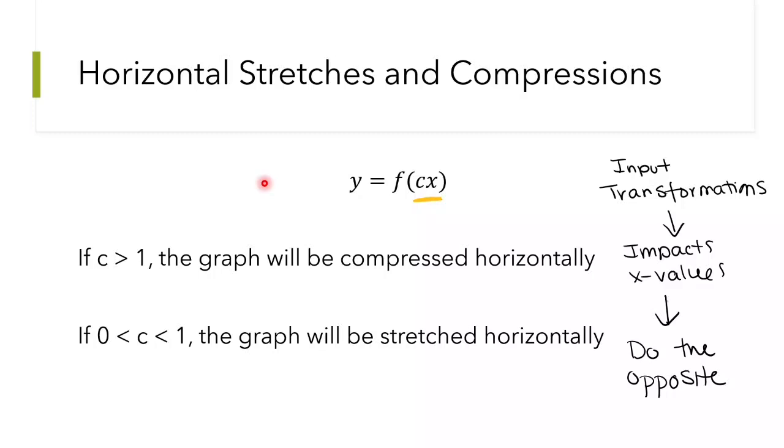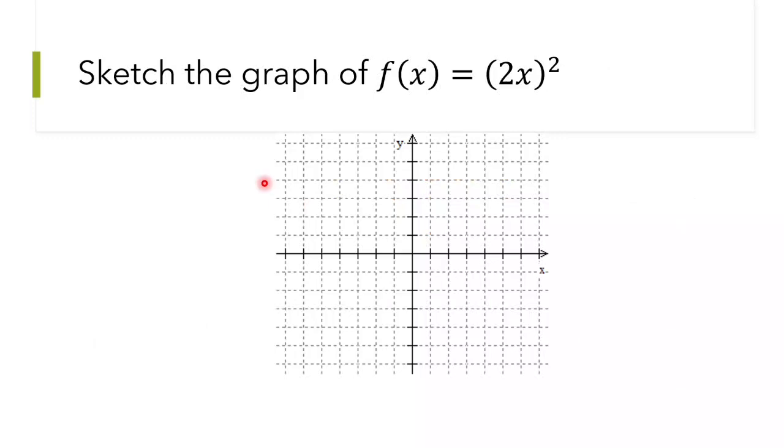So if that number is bigger than 1, and we divide by that value, it's going to compress our graph horizontally. If that value is smaller than 1, and again, for now, we're just considering positives, that is actually going to stretch our graph horizontally. Let's see what this looks like by solving a couple problems.